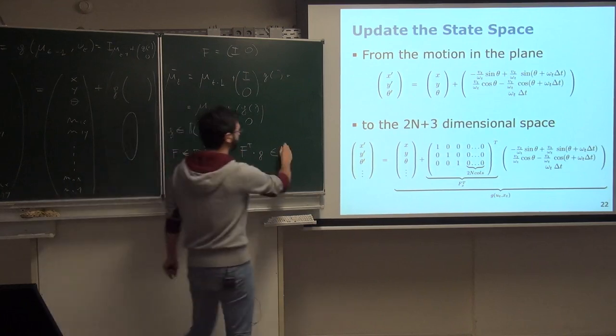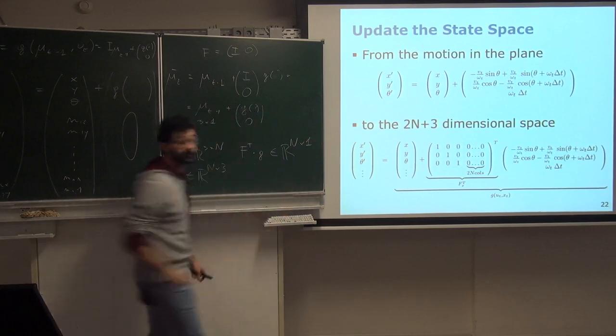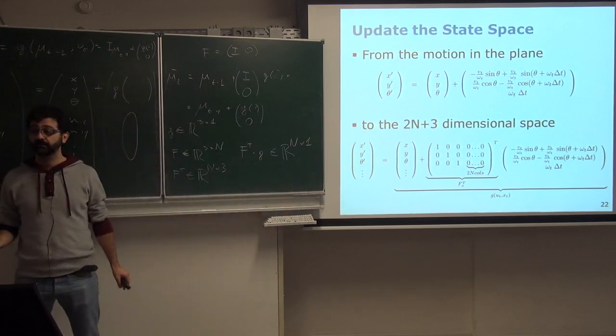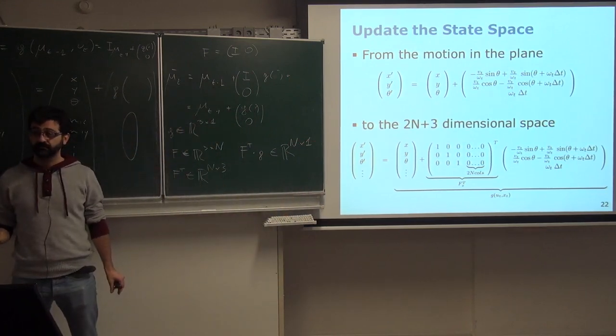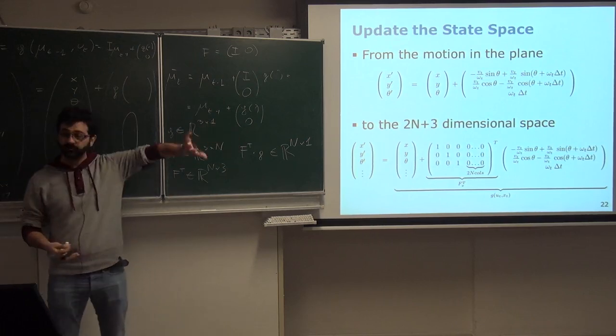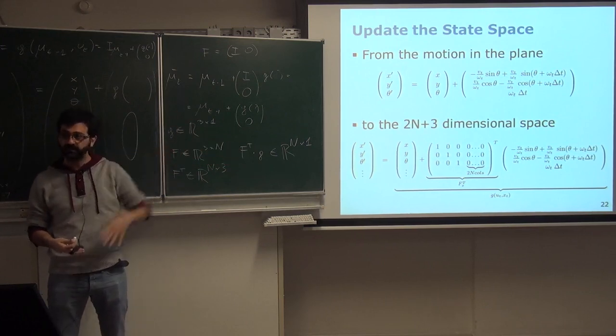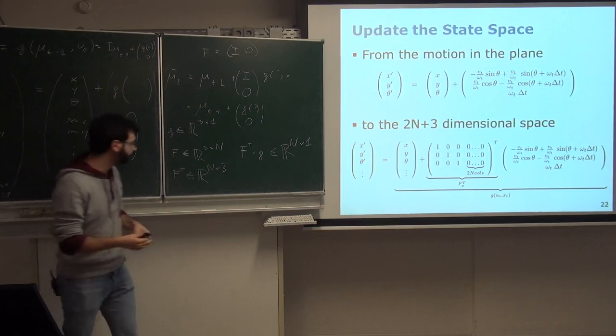It's R N times 1. Is it clear? So probably the confusion is because F is actually transposed. You see it written like this, but there's a transpose there that changes the order of the dimensions. Any further question?